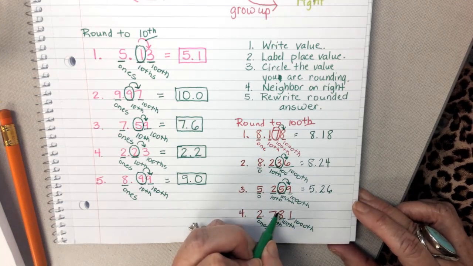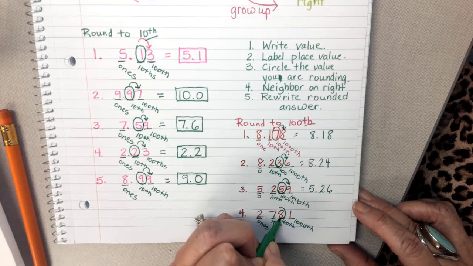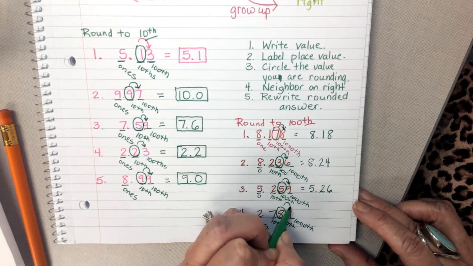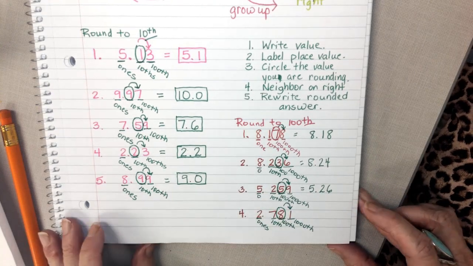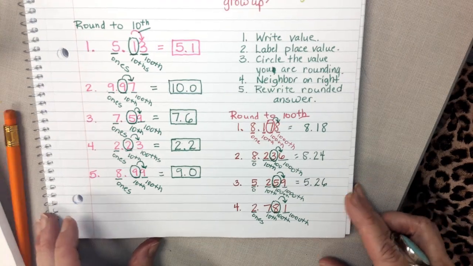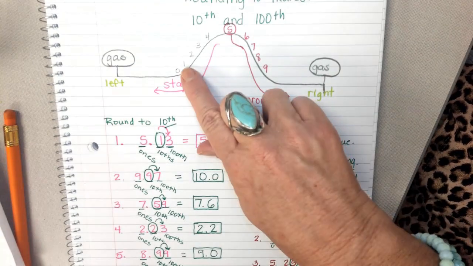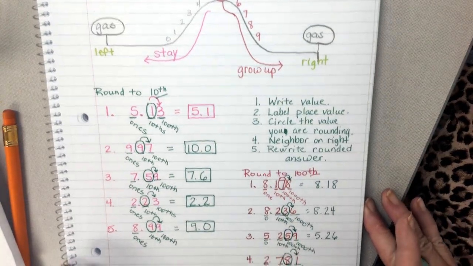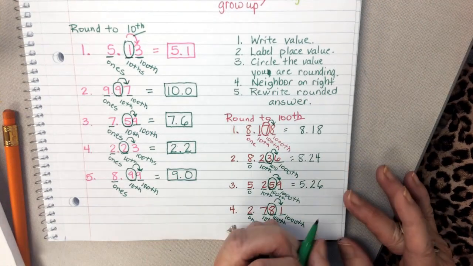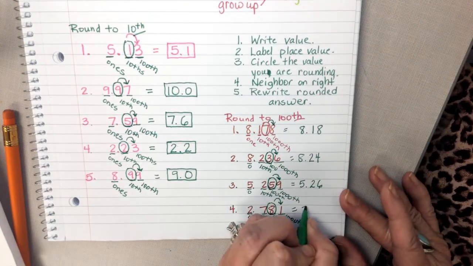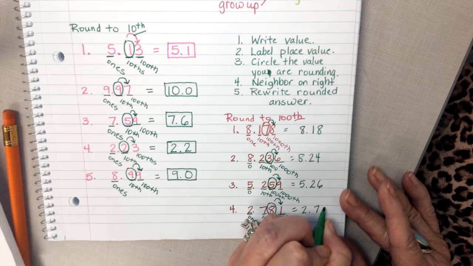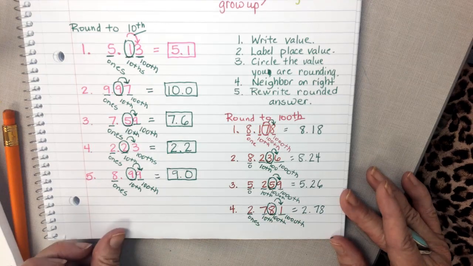We're rounding to the nearest hundredth, so we're going to circle the digit in the hundredths place, knock on our neighbor's door. It happens to be a 1. The 1 tells us to stay there. So I'm going to go back. I'm going to write 2 and 78 hundredths.